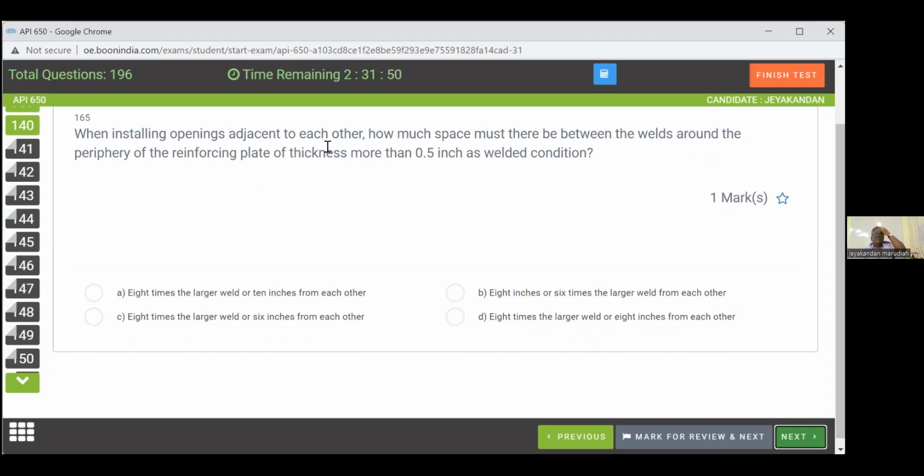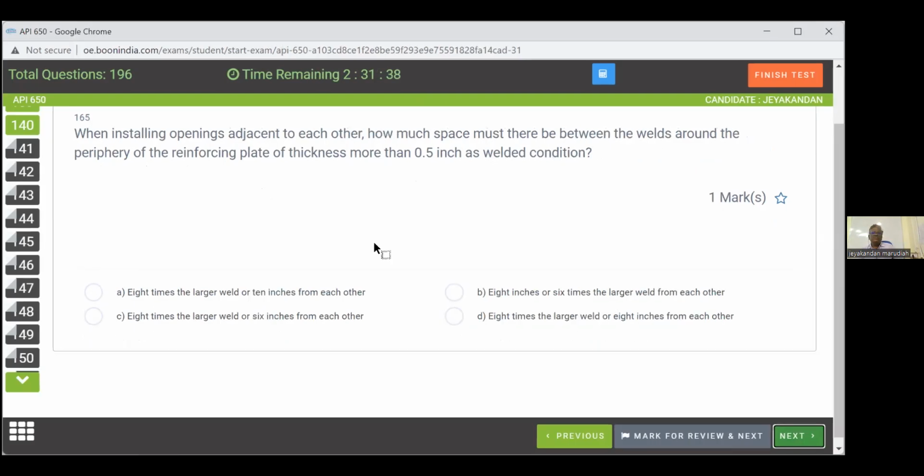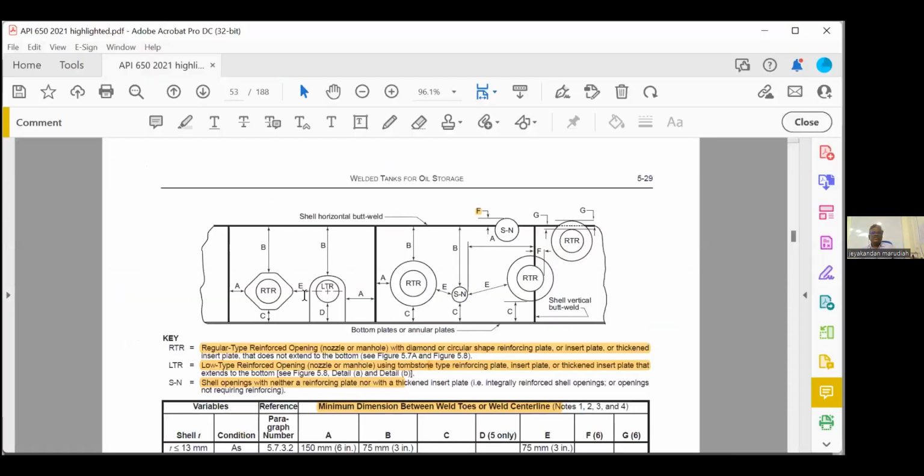When installing openings adjacent to each other, how much space must there be between the welds around the periphery of the reinforcing plate when the thickness is more than half an inch? So reinforcing plate to reinforcing plate, first we have to find out the symbol. Reinforcement to reinforcement, what is the symbol?